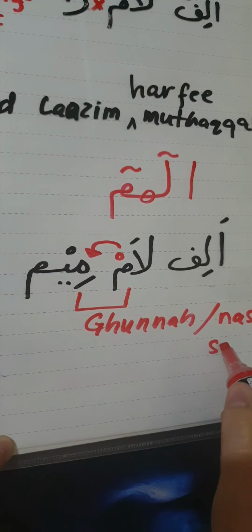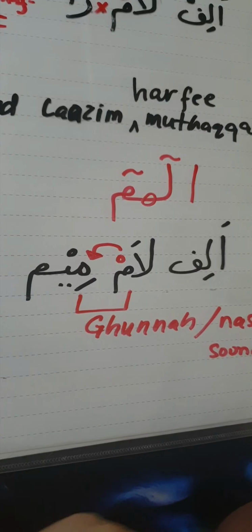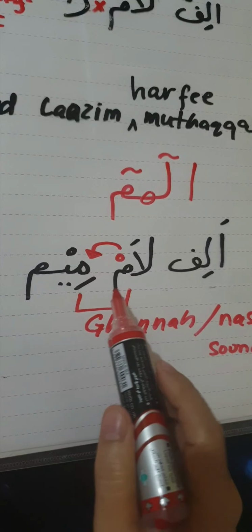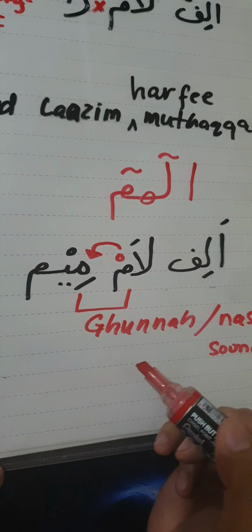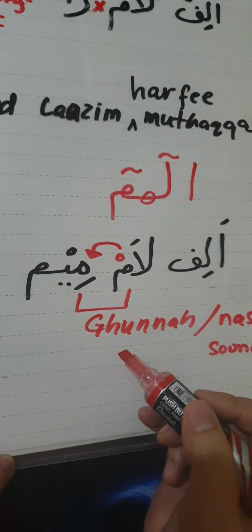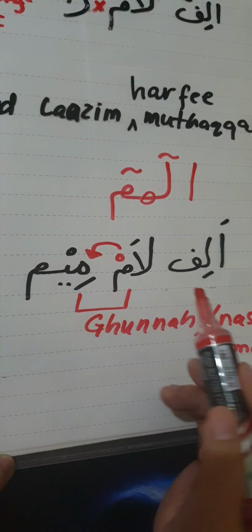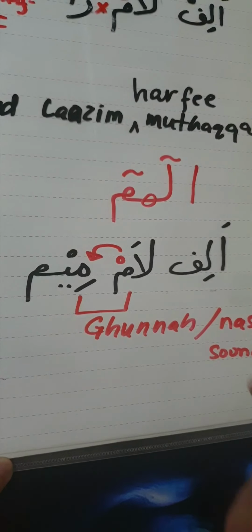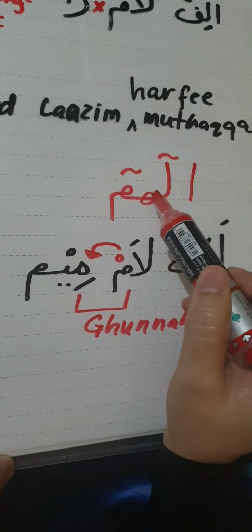And this is akmal ghunna, meaning the ghunna of this is the longest ghunna, let's say 4 letter counts, for example. So how are we going to read this one? It will be like this. This is the ghunna here between the lam and the mim.